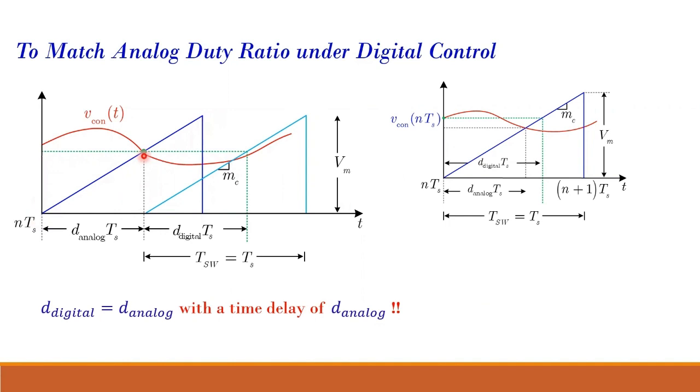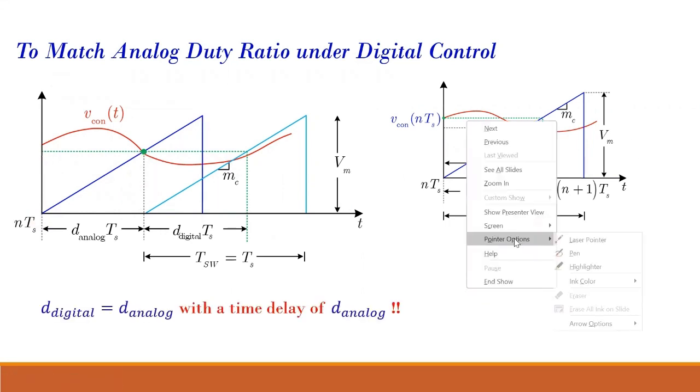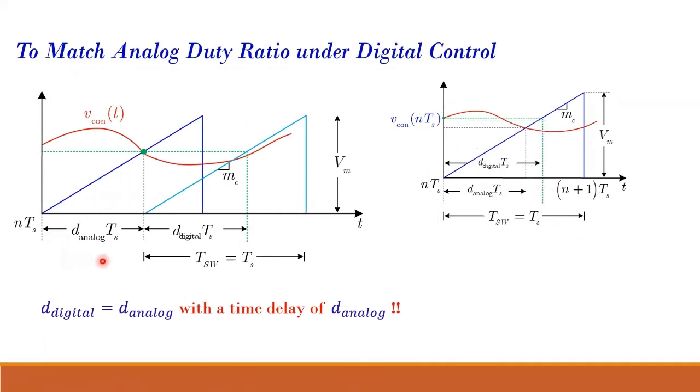Now, in order for the duty ratio which is generated by analog control to be same as the one generated with digital control, what is required of us is that we have to shift this ramp signal by this duration D analog TS. We must delay this ramp signal by this duration D analog TS. And if we do that, then the effective duty ratio which we get using analog control as well as the one which we get using digital control will remain the same.